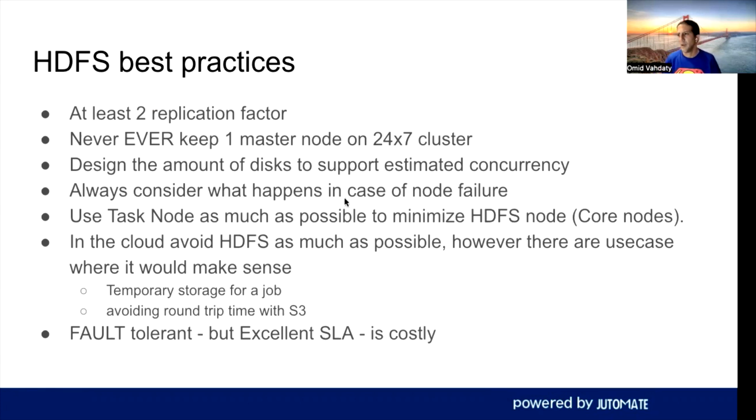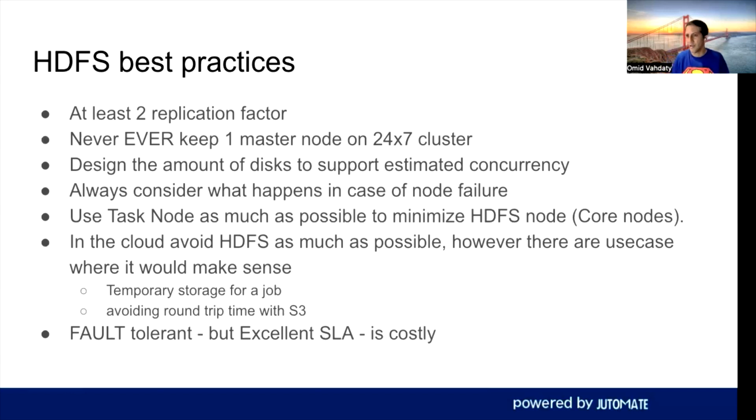Always consider what happens in case of a node failure and how it will impact you. Use task nodes as much as possible to minimize HDFS nodes, meaning minimize core nodes. In the cloud, you should avoid HDFS as much as possible.